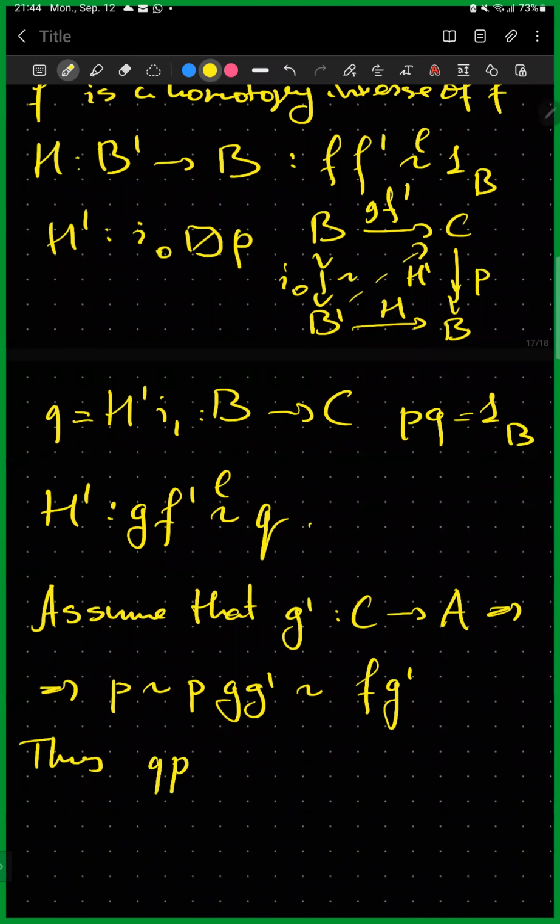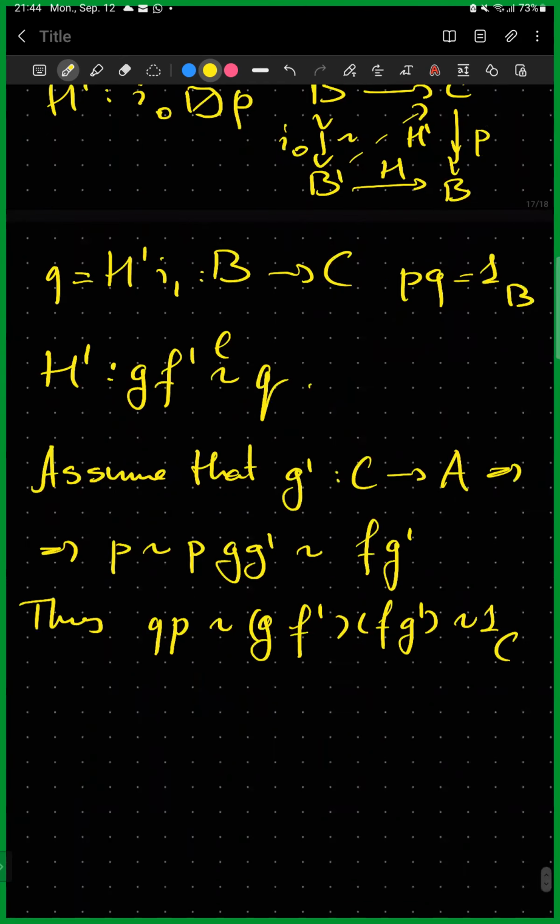Thus QP is homotopic to GF prime, as was shown before, times FG prime. So P is homotopic to FG prime. Now we observe that homotopy inverses cancel each other out, and this is thus in turn homotopic to the identity on C. This implies that QP is a weak equivalence.